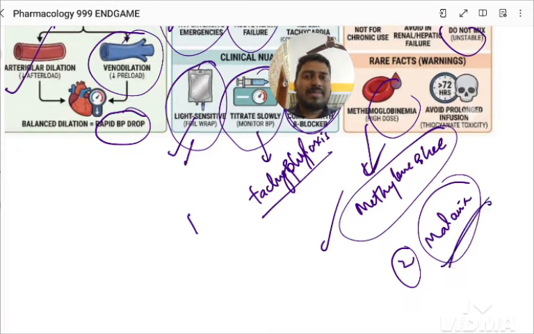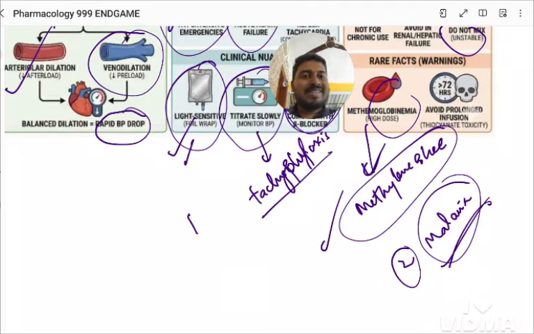She had been treated somewhere outside, and when she came to us, her saturation was not maintaining even despite giving 100% O2; saturation was not picking up. So we reviewed the drug history, found primaquine, and suspected methemoglobinemia. We sent methemoglobin levels via ABG, and they were on the higher side. Then we administered methylene blue, and the patient was fine.